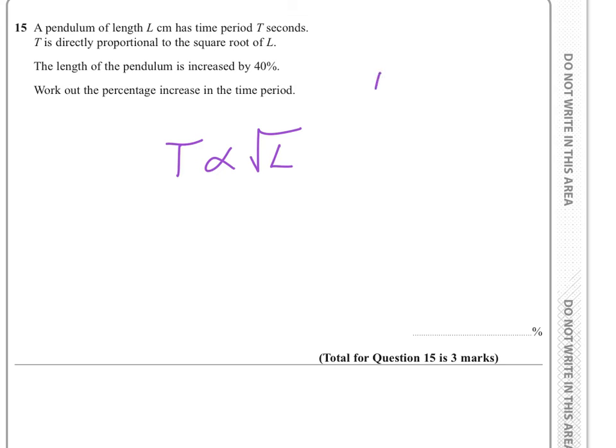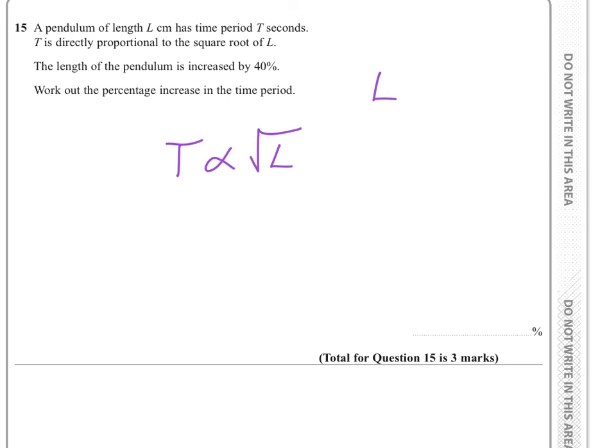Well, if you started off with L, which was the length, and you want to increase it by 40%, then I don't know if you've seen one of my previous videos on the new SPEC, but I looked at compound interest, and there was one where something went up, I think 4% a year, and you times by 1.04.